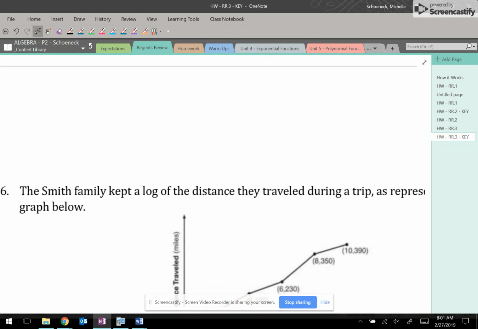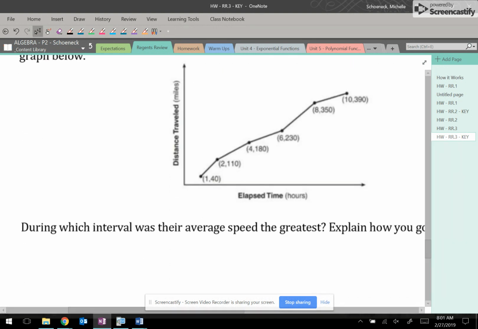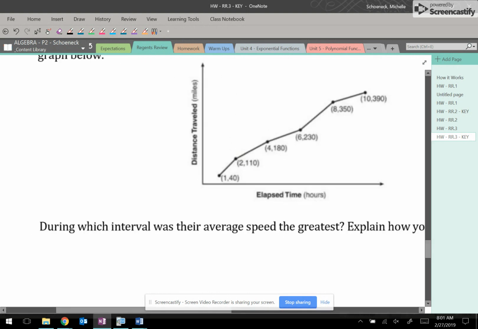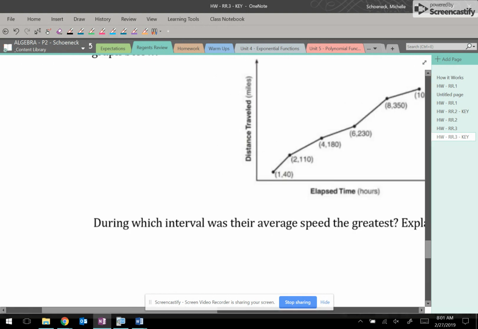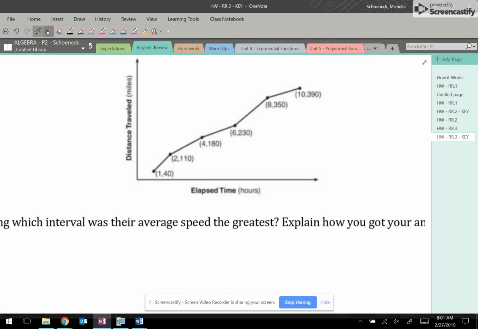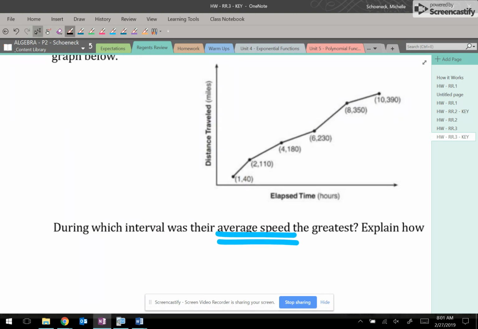Moving on. Up next is another average speed, another average rate of change. Now these ones, since we are given their points, I would suggest making a mini table and writing all these coordinates down so you can start finding the slopes between them.